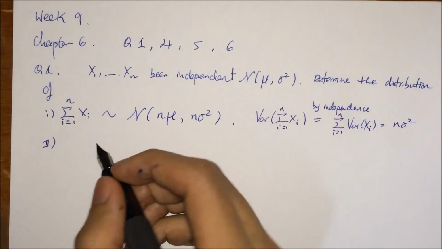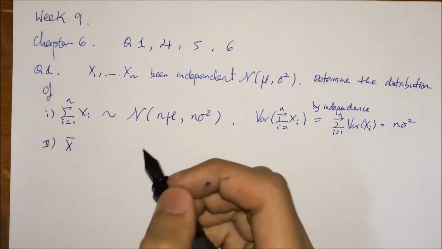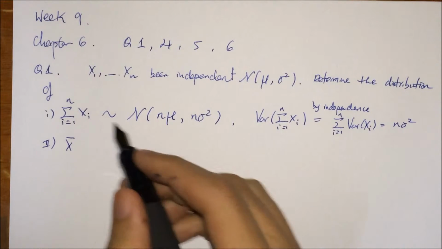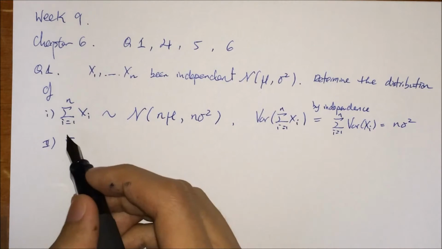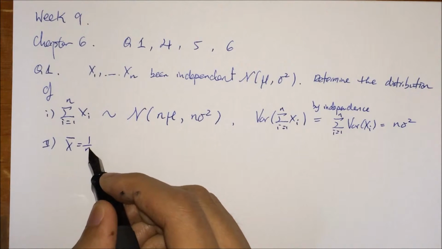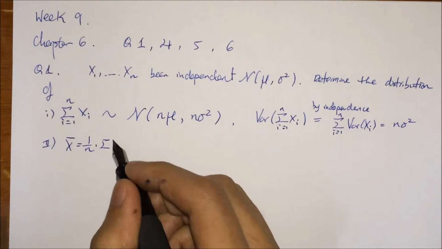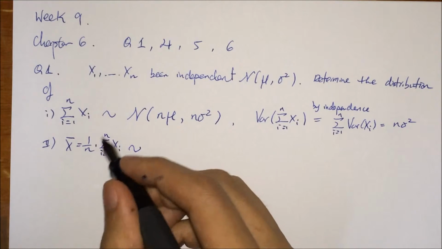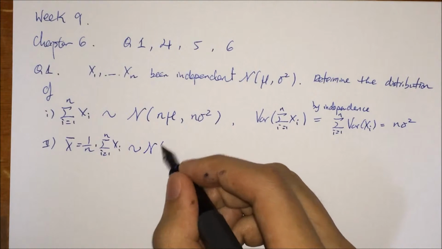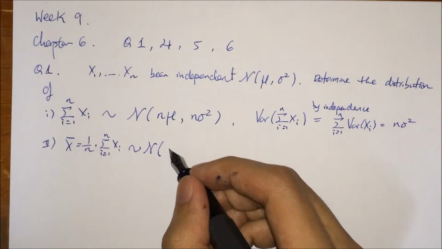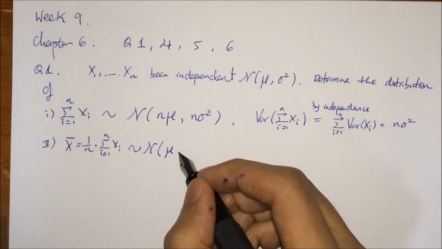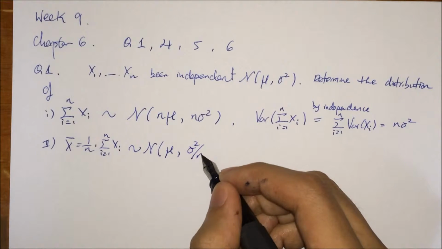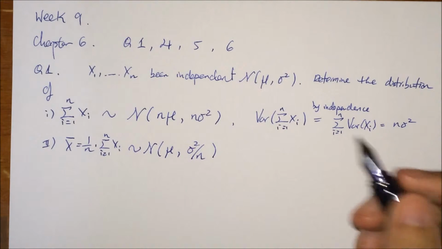2, we have the average, x bar. Of course, since you know that the sum is normal, the average is just 1 on n multiplied by the sum, right? From this, you can deduce that this is a linear transform of a normal, so the average is in fact normally distributed with mean mu and variance sigma squared on n, right?